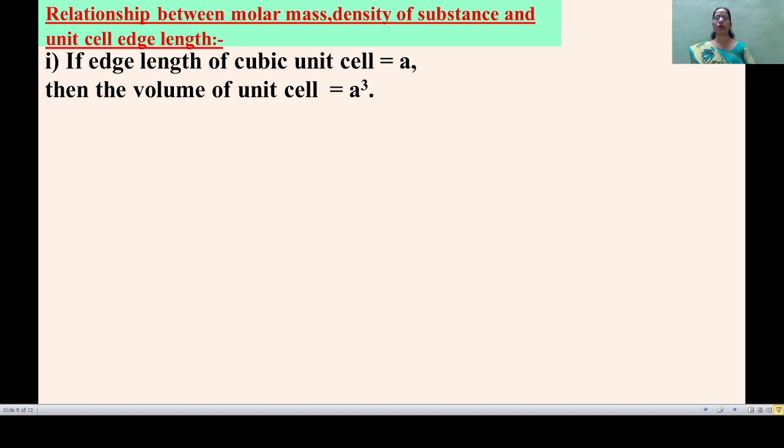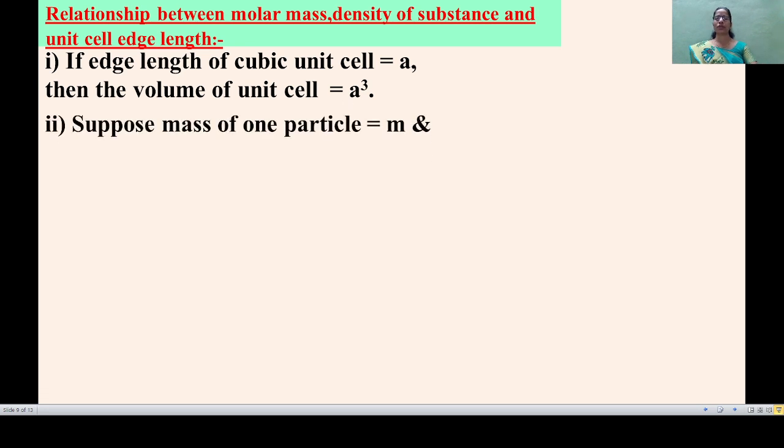We know that for the cubic unit cell, all the edges are of the same magnitude, meaning length, breadth and height of that unit cell will be a, and therefore the volume of the unit cell will be equal to length into breadth into height, that is a cube.